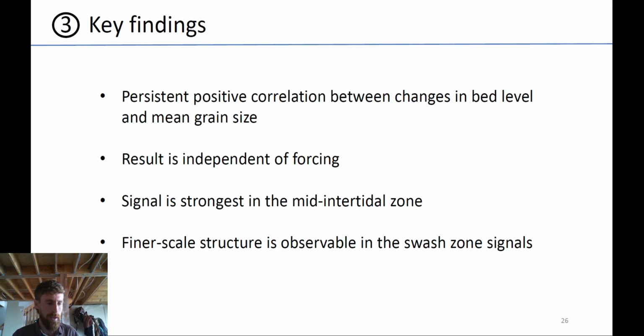So if you recall, the data I showed from the berm level, despite intuitively being the place where we would expect a signal to emerge, we really didn't see anything. Although in the mid-intertidal zone we did.